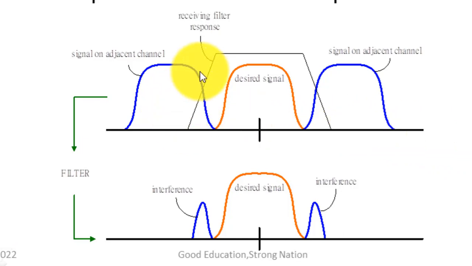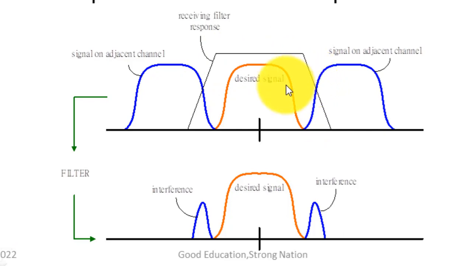Let us say this represents the filter response. For ideal filtering the response should be flat, like a complete rectangle, or you could say a very high roll-off factor, as in better filters, but here your typical filter response will look like this one.